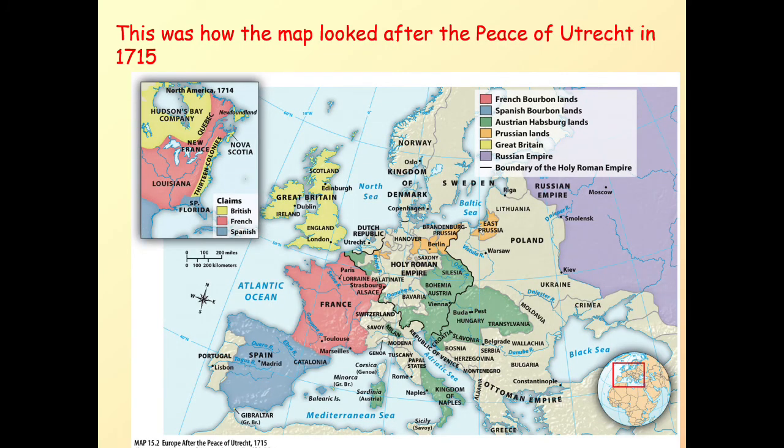This was how the map looked after the Peace of Utrecht was signed in 1715. And you've got an inset there, which also showed the way that the various colonies were disposed.